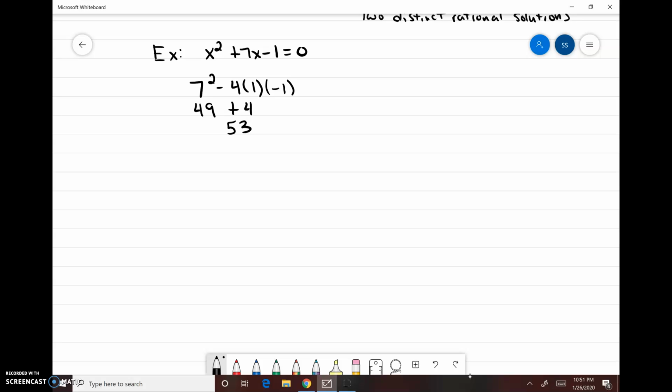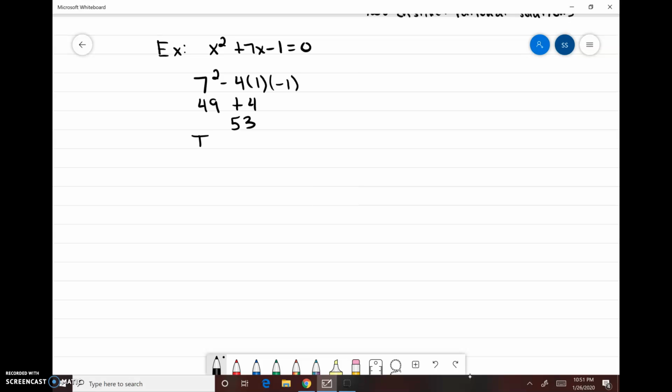All right, so again, because this is greater than 0, then I know we have two real solutions. But unlike the last problem, 53 is not a perfect square.